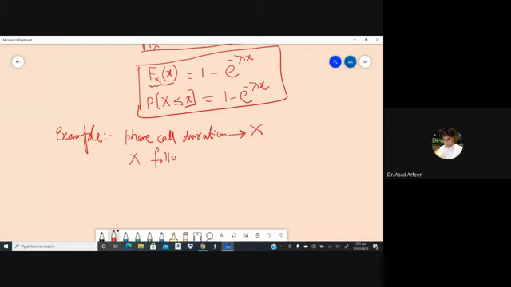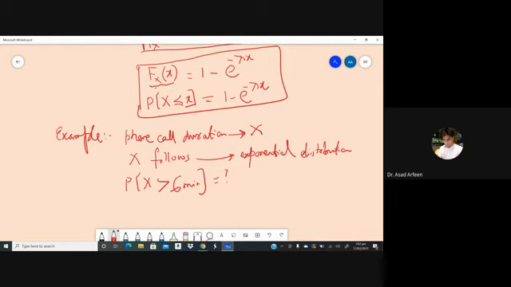We say that X follows an exponential distribution. What is the probability that X is greater than 6 minutes?